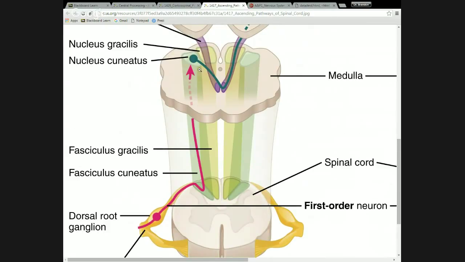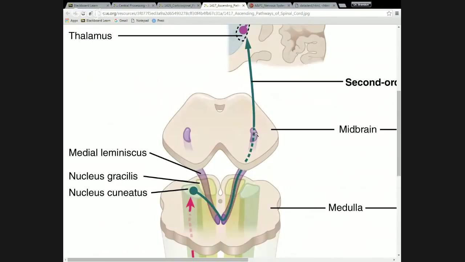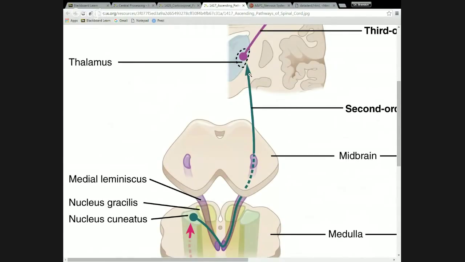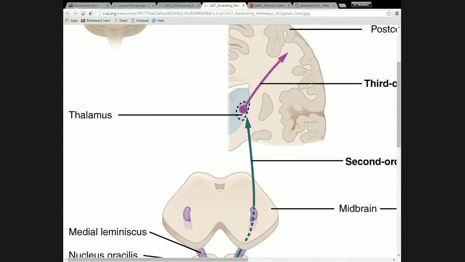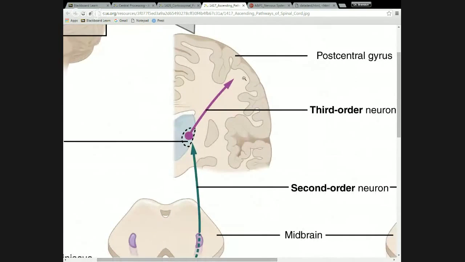It goes all the way up to the medulla and it synapses on a neuron in a nucleus in the medulla. And then that neuron crosses midline and goes up through the rest of the brainstem. They have a slice of the midbrain here to depict it. And eventually synapses in the thalamus. And then that thalamic neuron will project up to the postcentral gyrus, which is the somatosensory cortex. Okay. So those are the three neurons there.